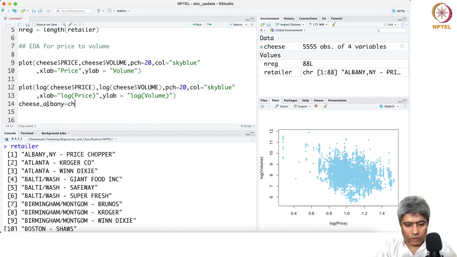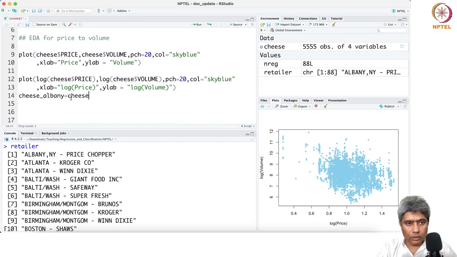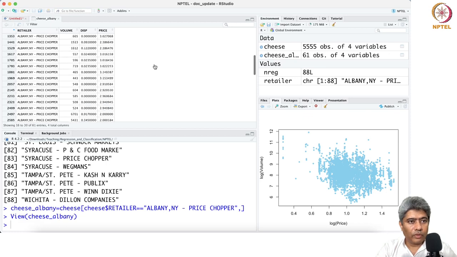So the cheese dataset dollar retailer equal to, let me just copy this, and comma. If I just do that, these are the values of all the 61 observations, which all belong to Albany Price Chopper.